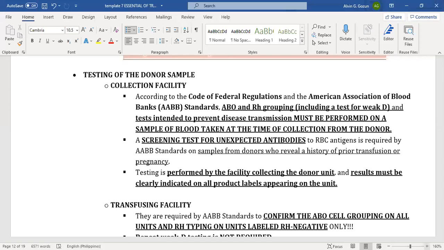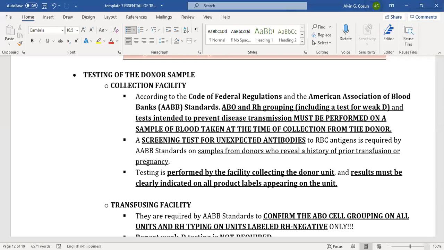Kasi ako before, I work sa Divine Mercy Wellness Center. And sa Divine Mercy Wellness Center, meron lang kaming blood station lang yung tawag doon. Okay? Collection.